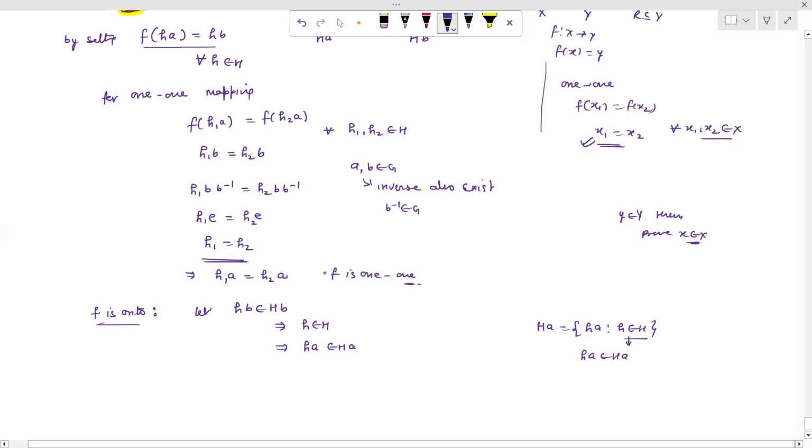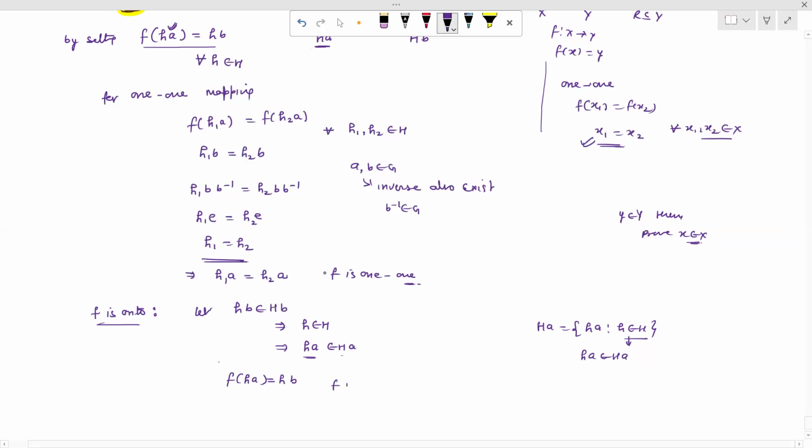So ha belongs to right coset of A. We see that this ha is the member of the first set, that means the right coset of A set. So the pre-image of hb is ha. Hence we can write the function of ha having the image hb.